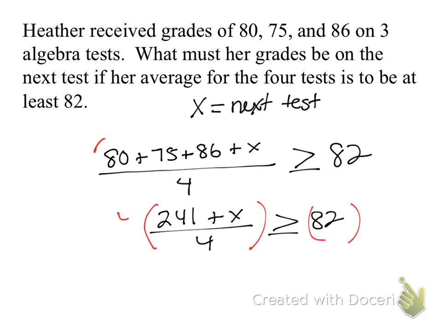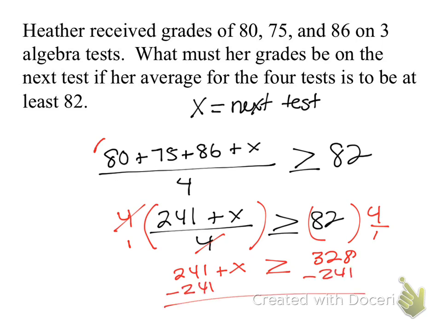Yep. Cancel, cancel. Right? Then I get 241 plus x is greater than or equal to 328. Subtract 241, subtract 241. X is greater than or equal to 87.